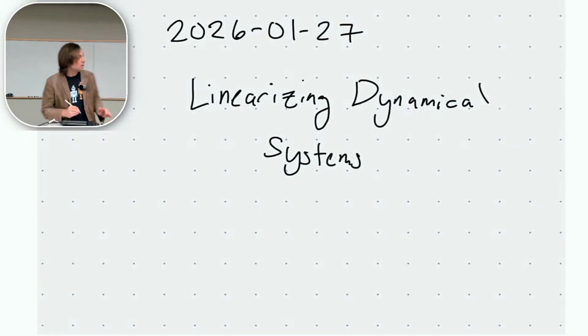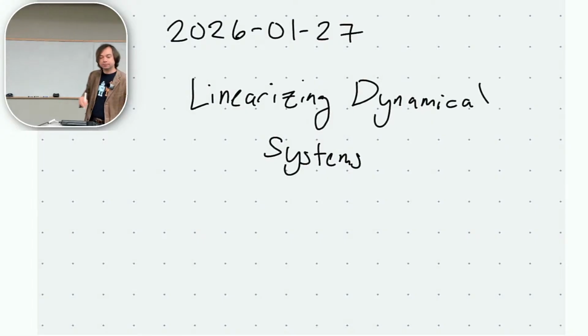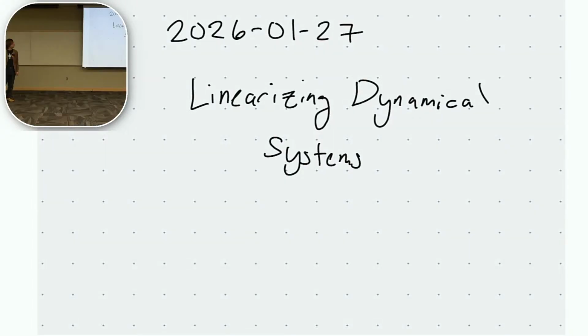Okay. So we have been simulating a number of these systems. In last class we were simulating the pendulum. Swings like this. And the lecture before we were talking about linear systems.